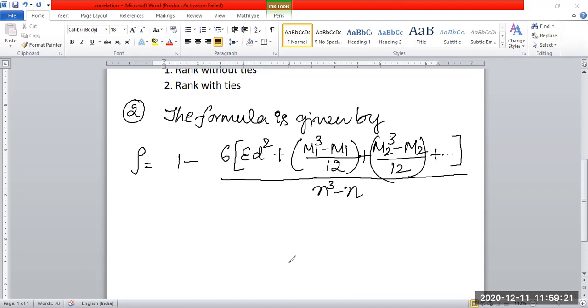So this is the formula for Spearman rank correlation coefficient with ties.